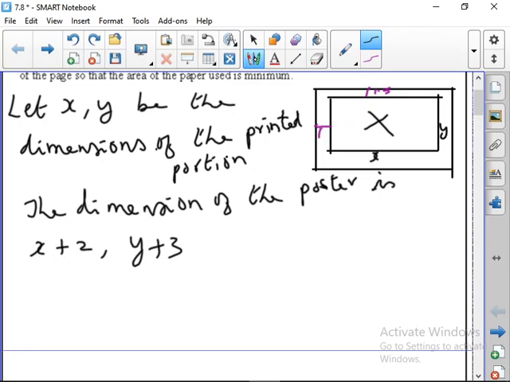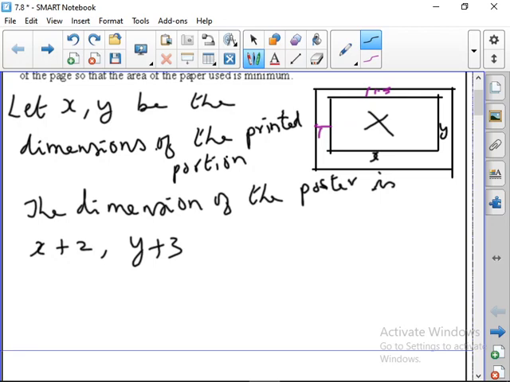Then, what about the breadth of the poster? Y. And what about this length? This is 1.5 and this is also 1.5. So, 1.5 plus 1.5 is 3. So, we get y plus 3.